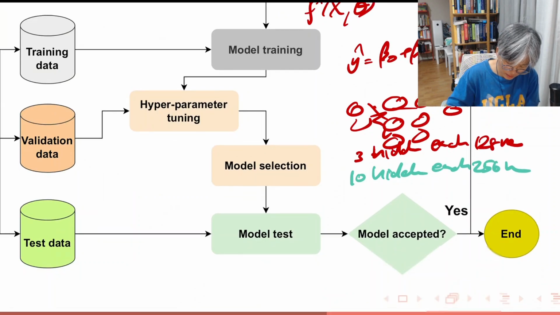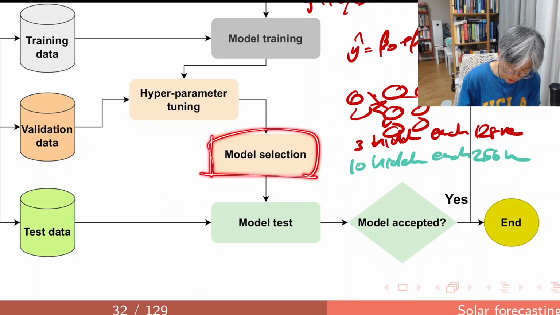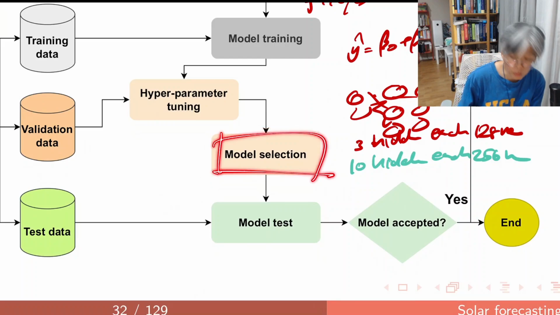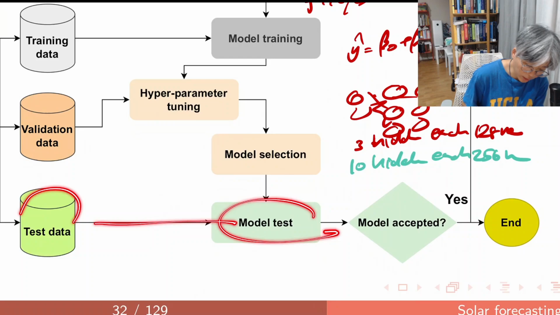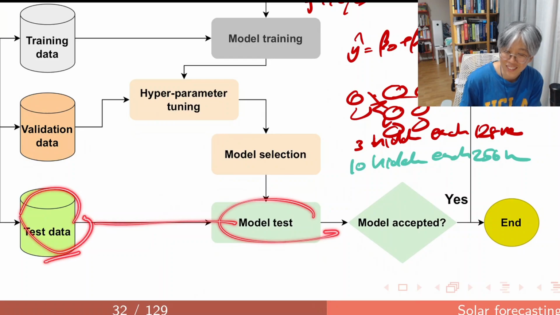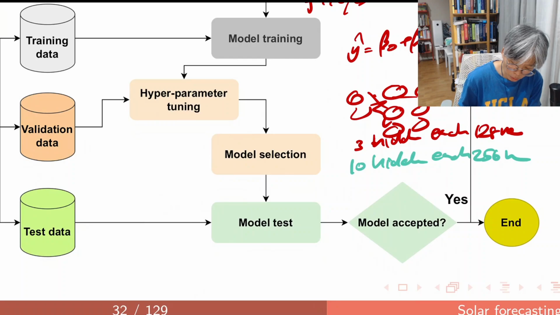Once you get that, you pass this process that is called model selection. Here you get a candidate model, and now you perform a model test on another set. We call it the test data set. If the model is accepted, you finish the process.